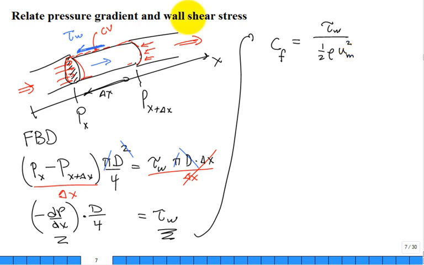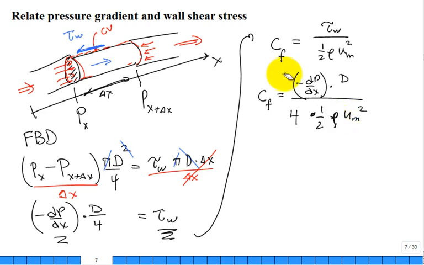So now you can replace, and you say, oh, well, the friction coefficient is negative dp dx times d over 4 times 1/2 rho um squared. In fluid mechanics, we have F, and often the book doesn't do it, but I'll put a subscript D on that, and that'll be a friction factor, a Darcy friction factor, sometimes a Darcy-Weisbach friction factor, and I just butchered that name, but there's different names for it.